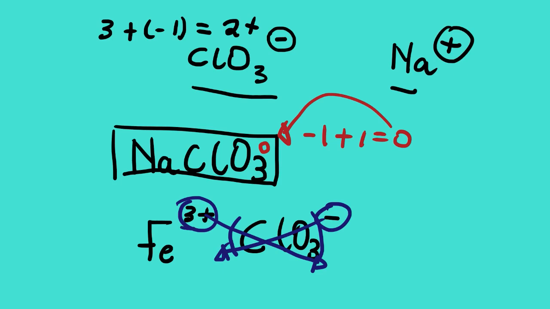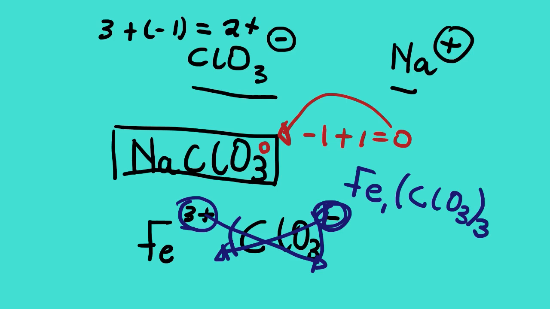We know that we only consider the numbers, so we have 1 here. We are going to have iron, there will be 1 from here, then we put it inside the bracket, ClO, then this 3 will come here. We call this iron 3 chlorate. Let us look at more examples.